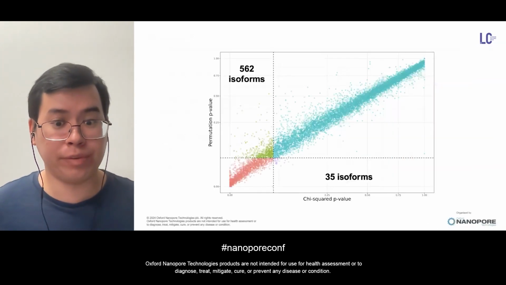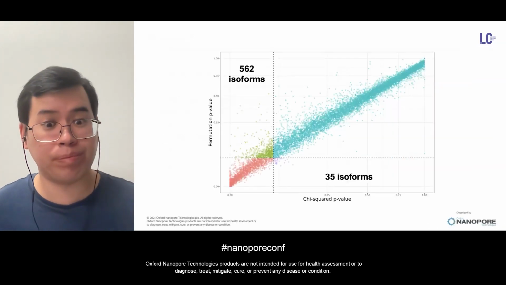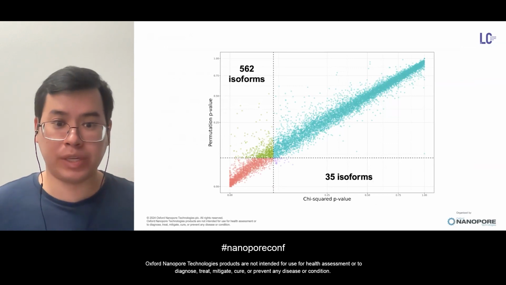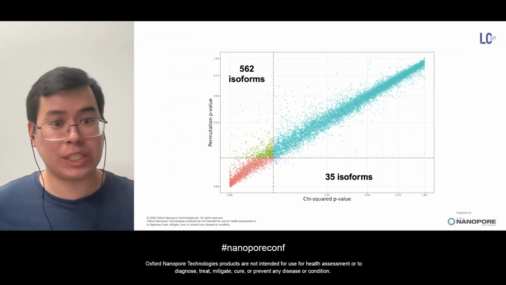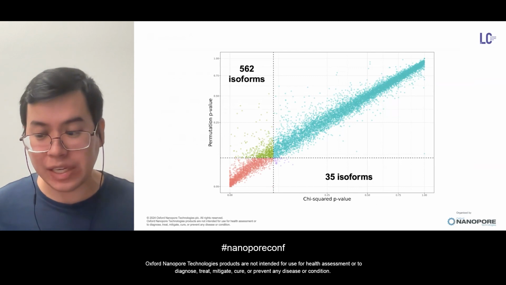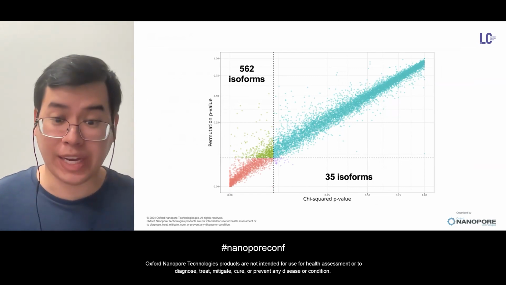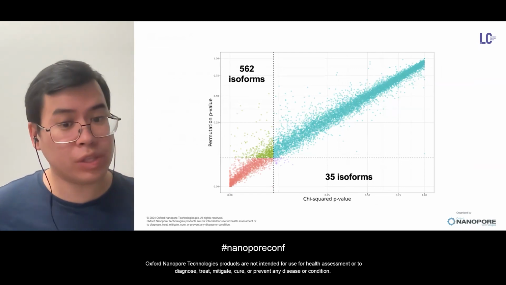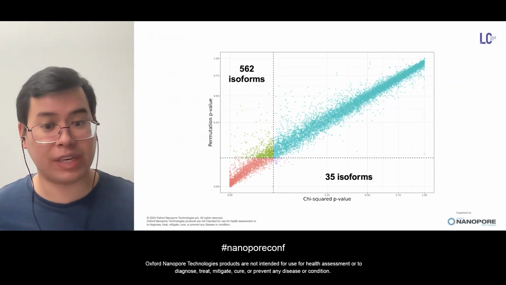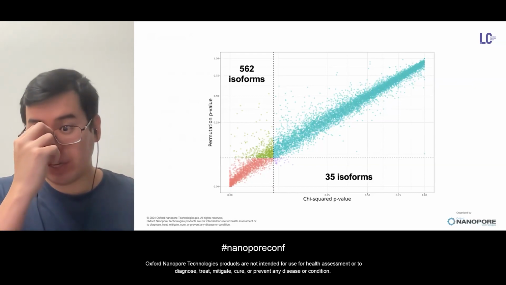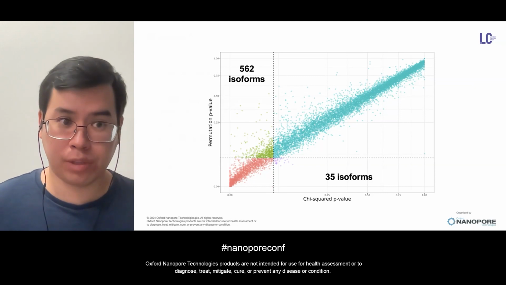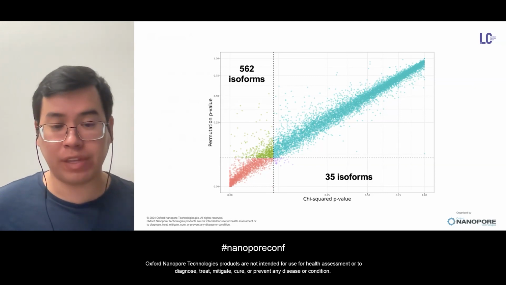Now, on a macro level, how does Isopod perform? Well, we found that for the Mixology 1 dataset, 562 isoforms were uniquely significant after the chi-squared, whereas only 35 isoforms were uniquely significant after the permutation. This is interesting because one of our hypotheses for the permutation testing was that it would deflate p-values.